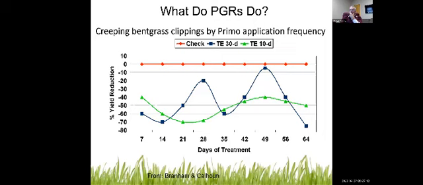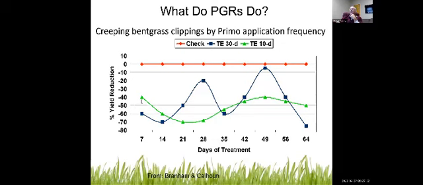But anyway, I'm almost to our long-term suppression work that we've done recently. And again, I guess I'm beating a dead horse here, but this is just a graphical representation of what we're trying to achieve with products like Primo.